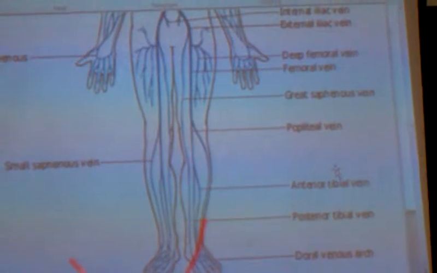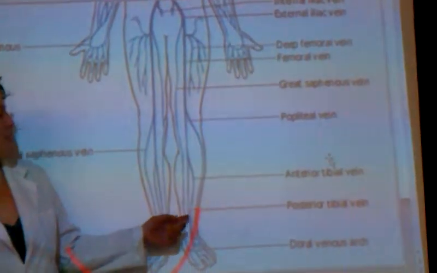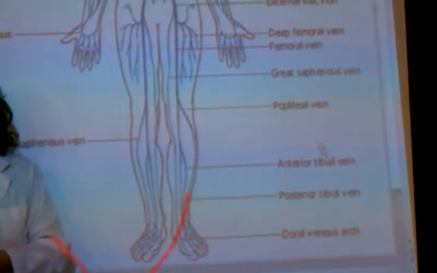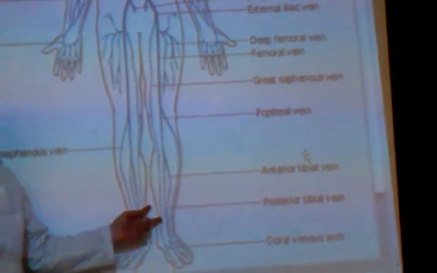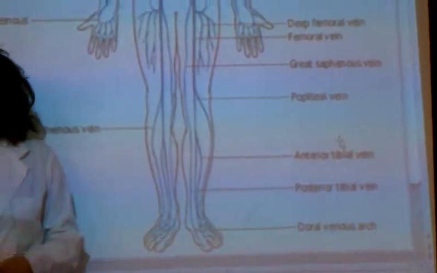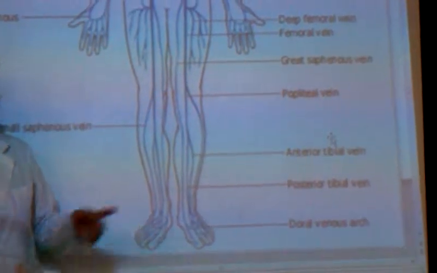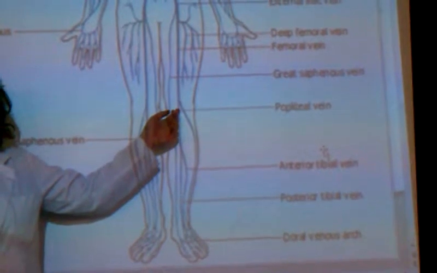Wonderful. We see in the lower legs, we have our posterior tibial and anterior tibial veins. They run right next to the anterior and posterior tibial arteries. They bring blood up, and in the popliteal region, what do you know? They come together and form the popliteal vein, which is right next to the popliteal artery.